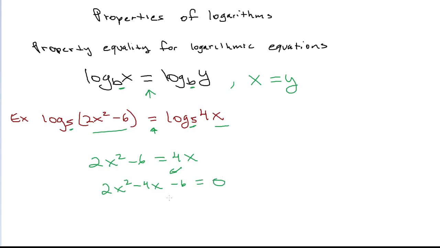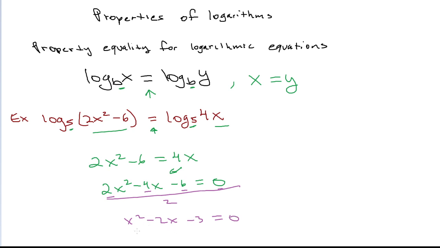Now, can we divide all these numbers by a common factor? The answer is yes. I can divide everything by 2, even the 0 on this side. If I divide everything by 2, I get x squared minus 2x minus 3 equals 0.